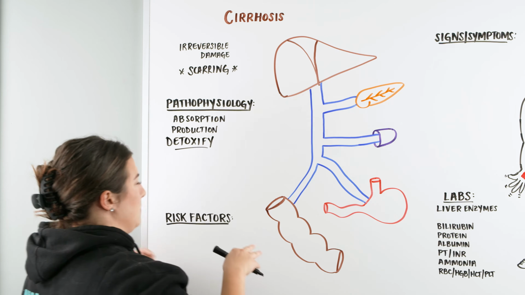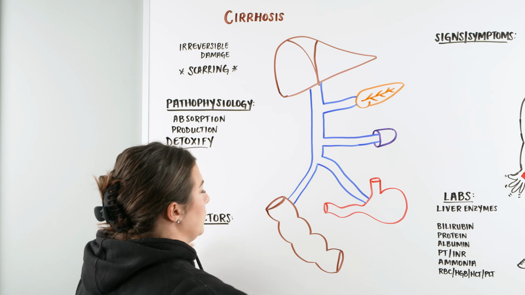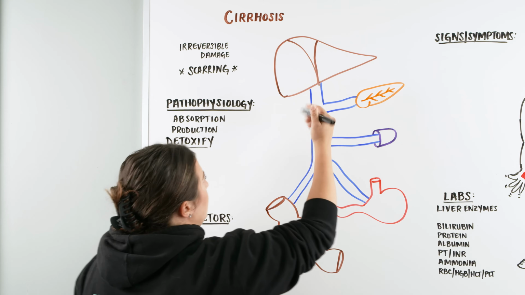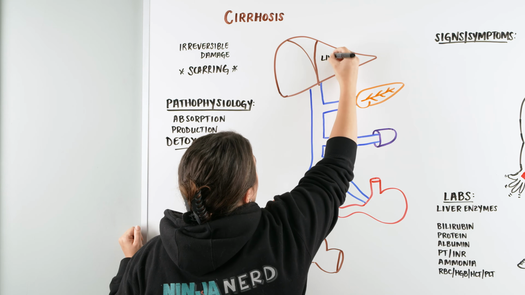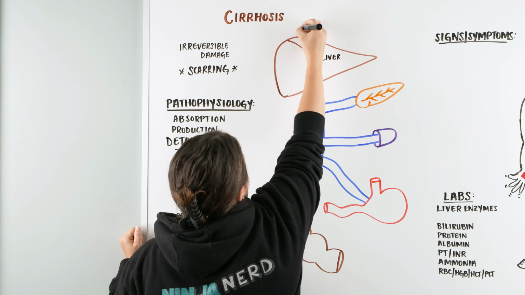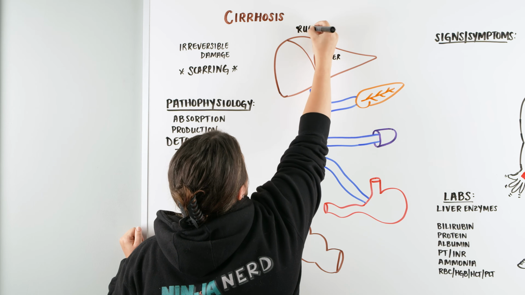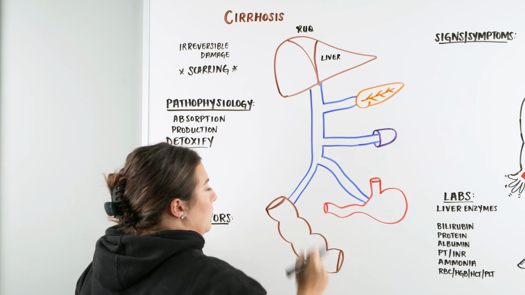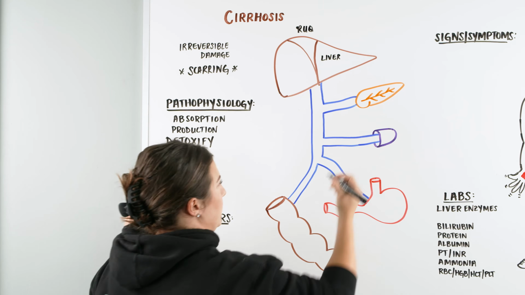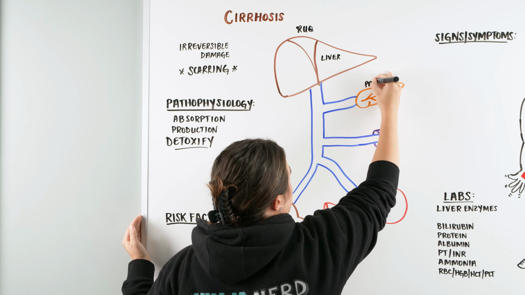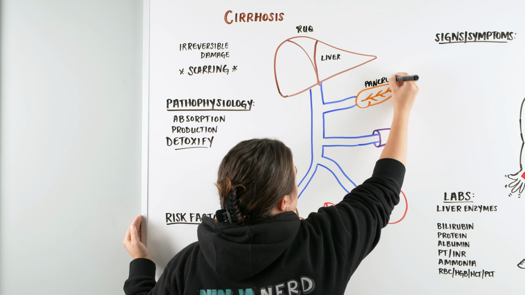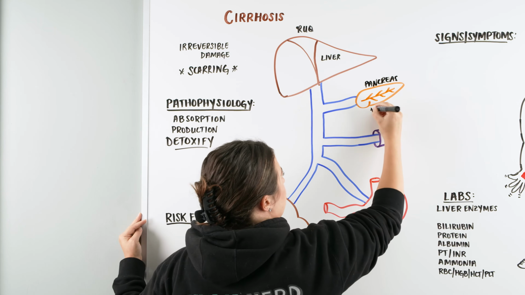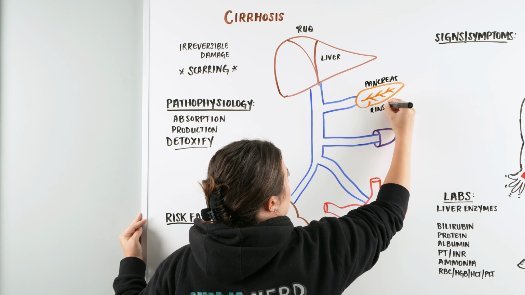So let's go back to anatomy and quickly go over some of the structures and what's going on with our liver. Our liver is located at the top here, in our right upper quadrant. There are a couple more organs that contribute to the liver's function. The first is our pancreas, which does a lot of different things, but one of its big functions is the production of insulin.